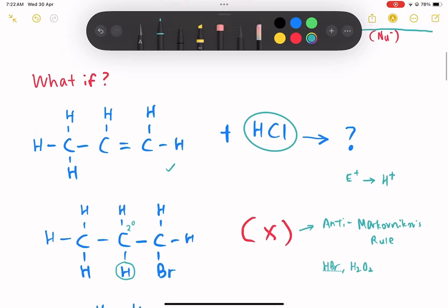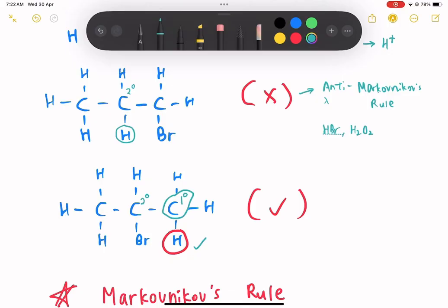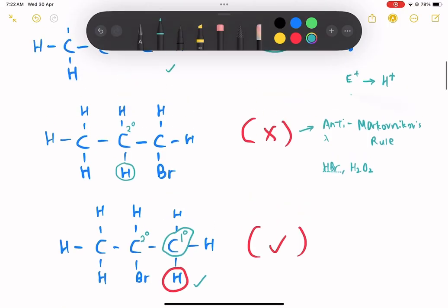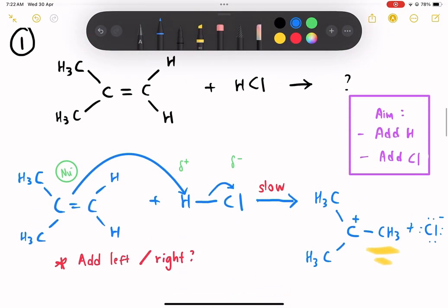In hydrohalogenation, we are going to only apply Markovnikov's rule, but not this one. So after you add the electrophile, you are going to add the nucleophile, which is Br-. And Br-, you should add to the more alkyl group. Now, let us look at some of the examples.